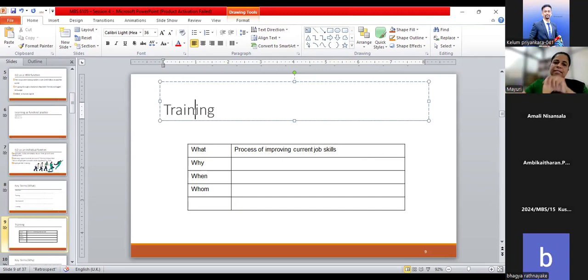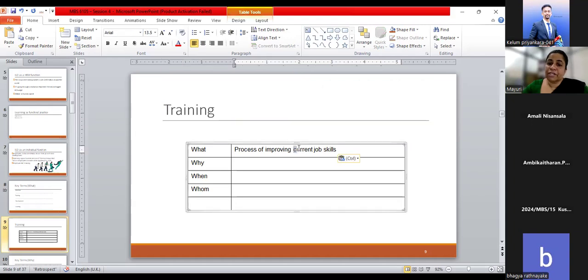I like this one because it's a process. We improve the skills of the current job role, the employees' current job. Our focus is, remember, the employees' current job. What you are doing right now.